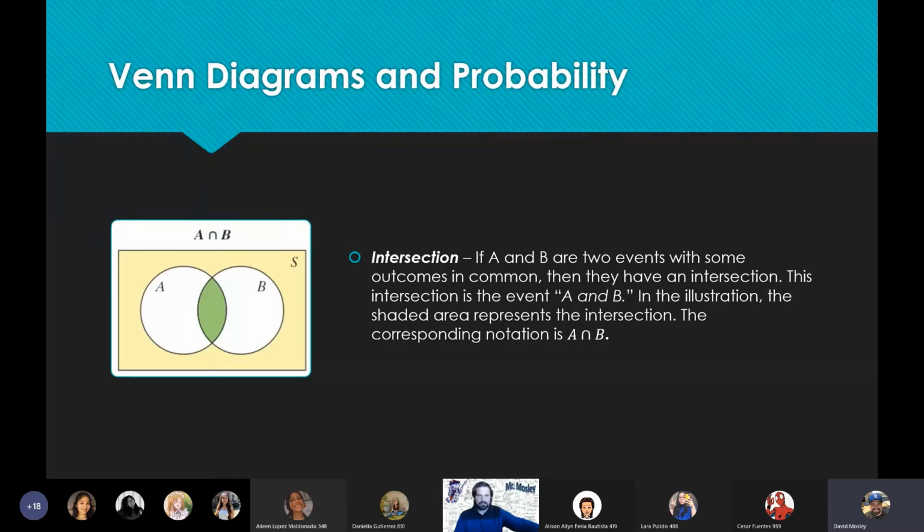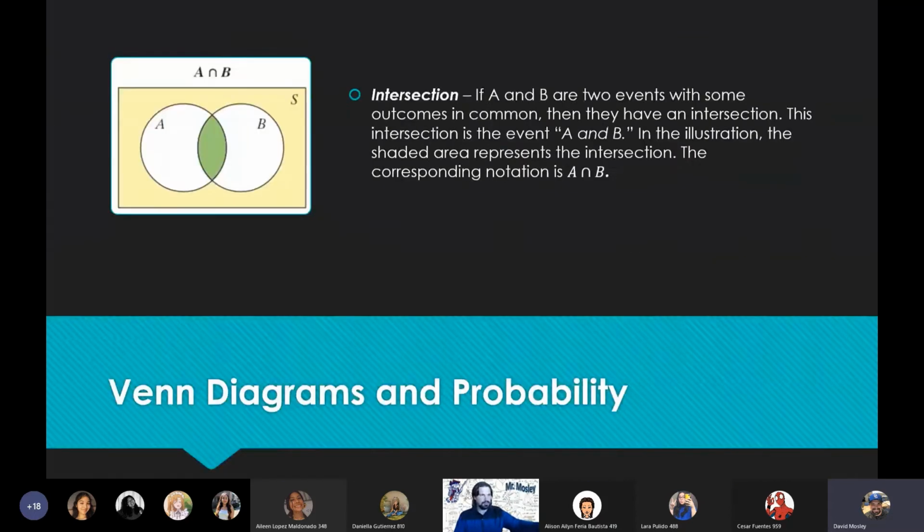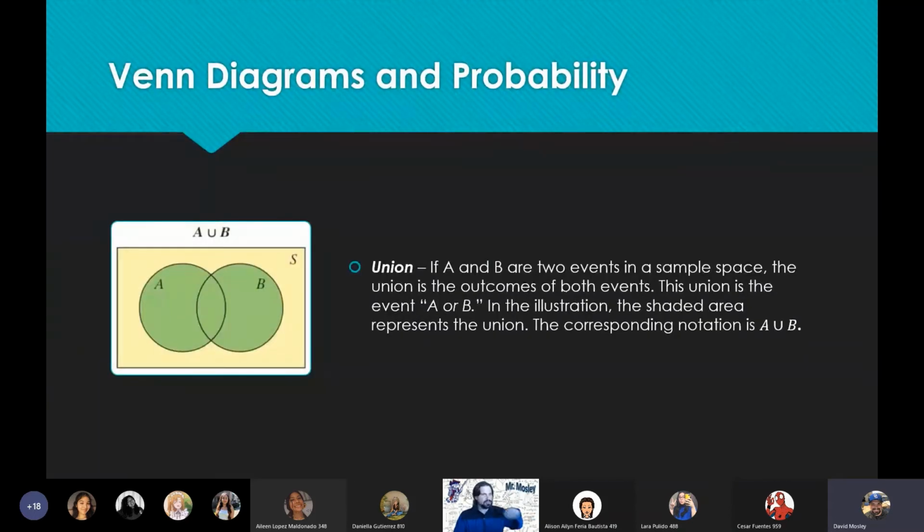All right. Last new term. We have union. If A and B are two events in a sample space, the union is the outcomes of both events. This union is the event A or B. In the illustration, the shaded area represents the union.